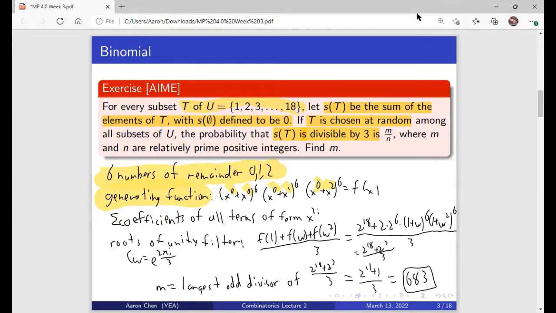Clearly we need to raise all of this to the 6th power, solely because there are 6 numbers of each remainder.